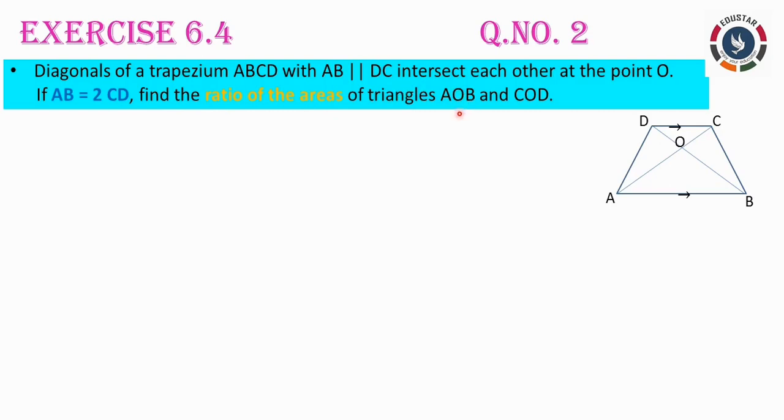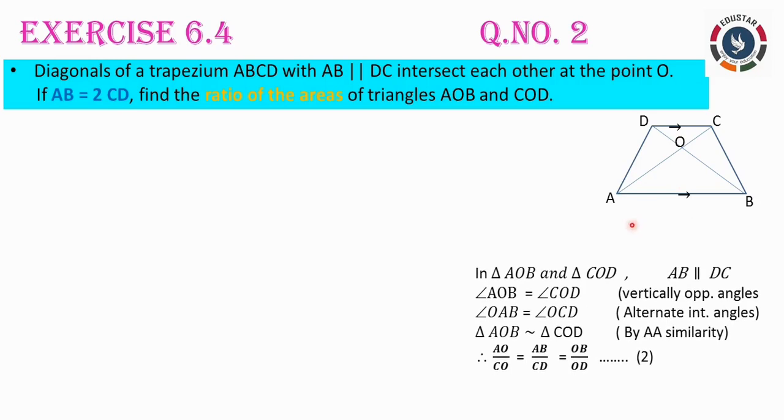What are the two triangles? AOB and COD. Which theorem can be applied here, as they are related to areas? Theorem number 6.6. To apply that, we should have a clear idea about the similarity of triangles. Those two triangles should be similar. Let's see whether they are similar or not. In the two triangles AOB and COD, angle AOB is equal to angle COD.